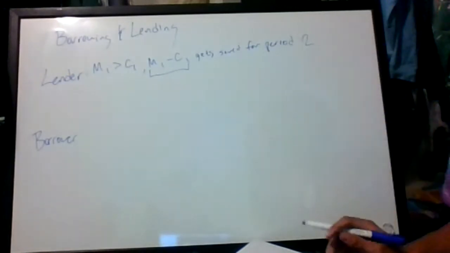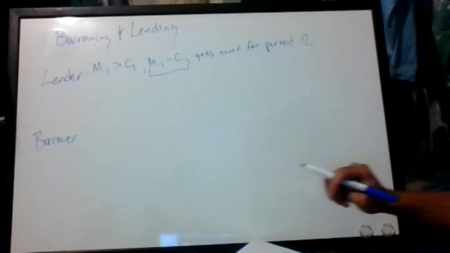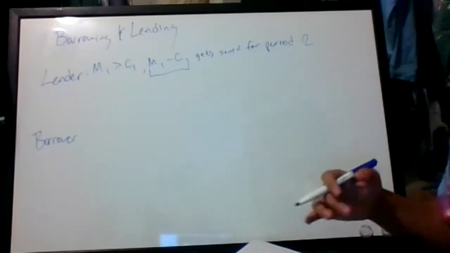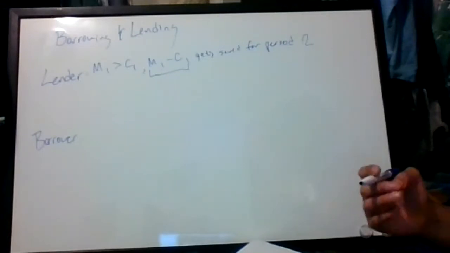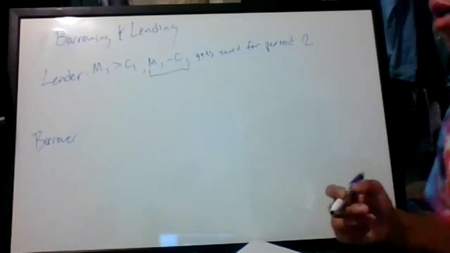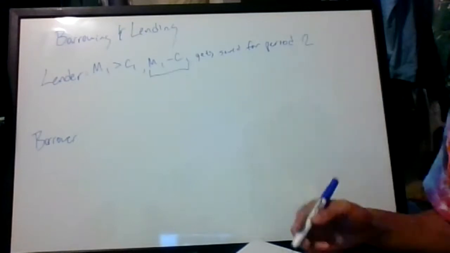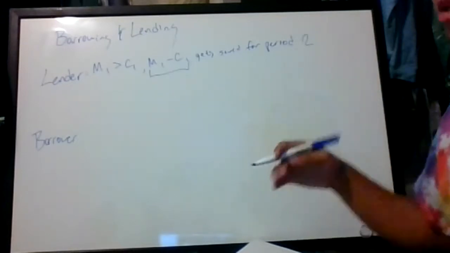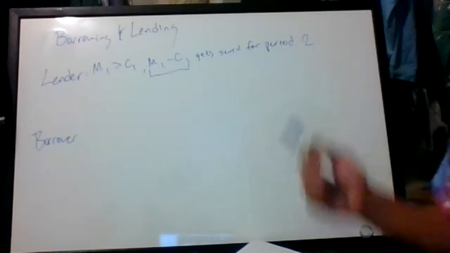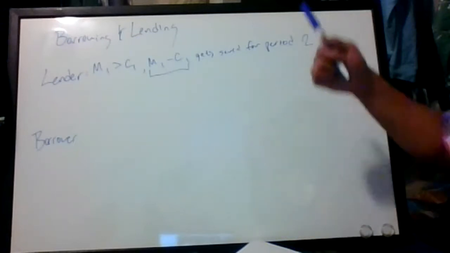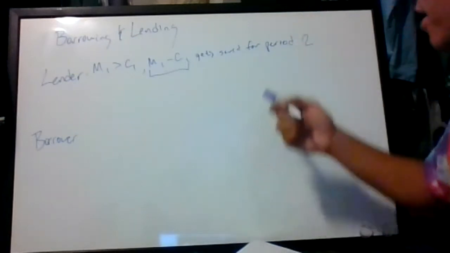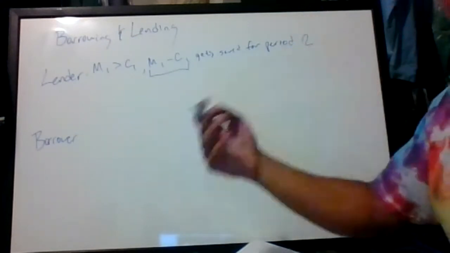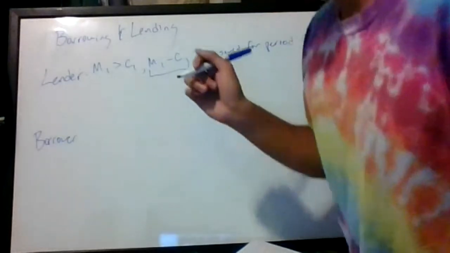You'll remember that in the earlier parts of the class, we assumed that we couldn't save any of the money that we didn't spend, and so that's the reason why we spent it all. In this situation, we're now erasing that constraint, and we're going to say that if we don't spend all of our money, we're able to save whatever we didn't spend and allocate that towards period two.